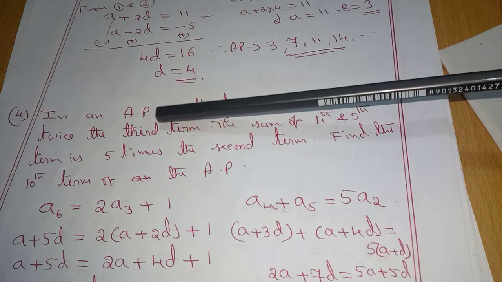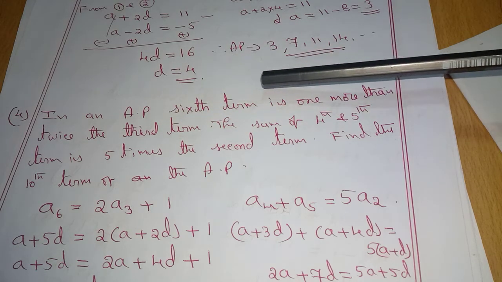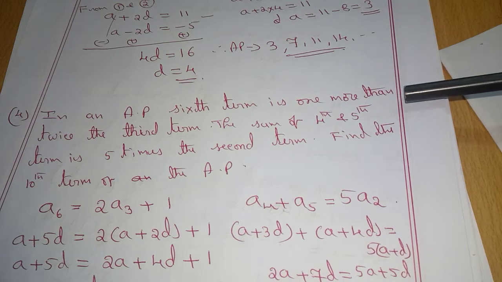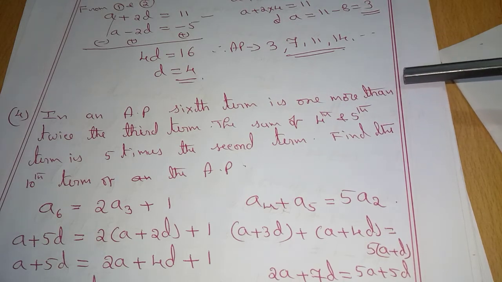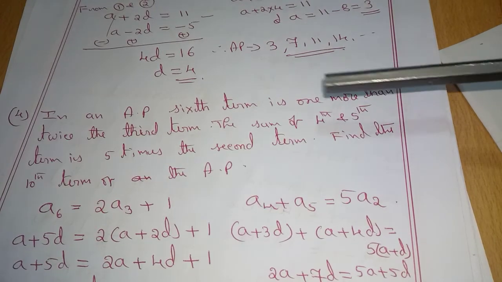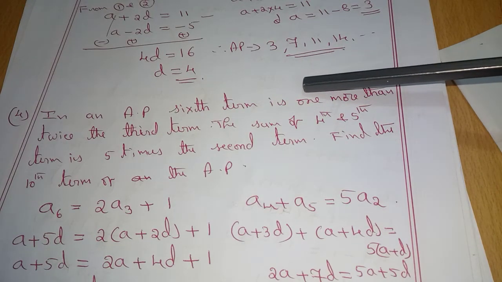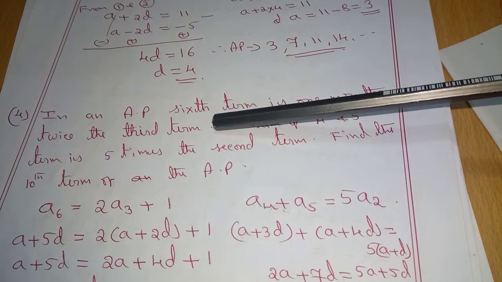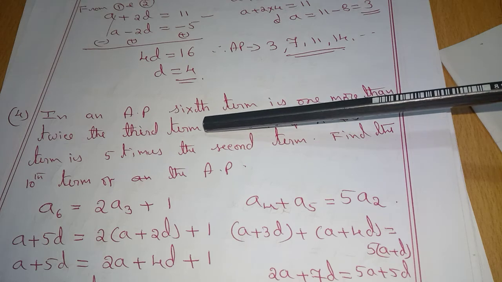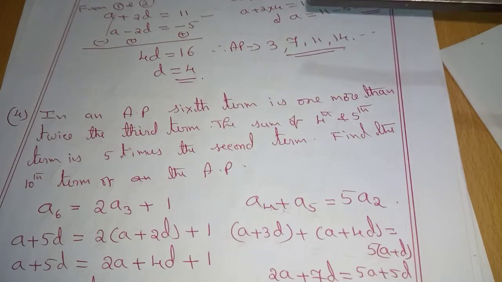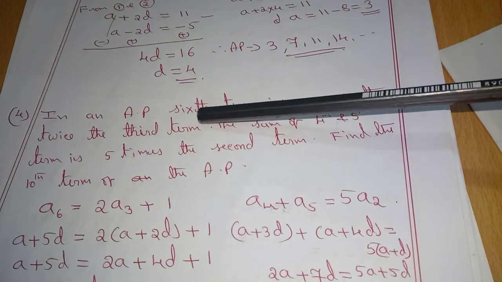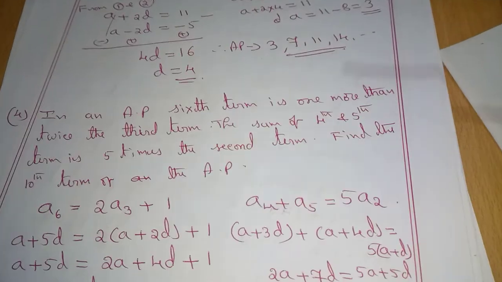Let us copy the question. In an AP, sixth term is 1 more than twice the third term.